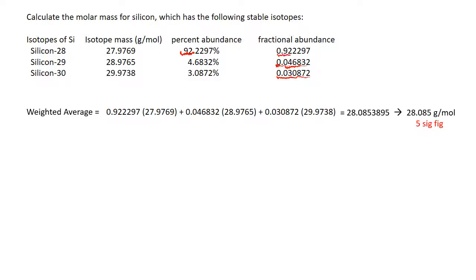Now this one is 6 significant figures. All of these guys are 6 sig figs. So my limitation will be the 5 significant figures from the fractional abundance of silicon 29 and silicon 30. So rounding my final answer, I get 28.085 grams per mole. And if you look at the periodic table, you find out that that's exactly right.